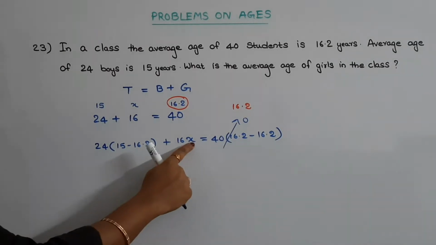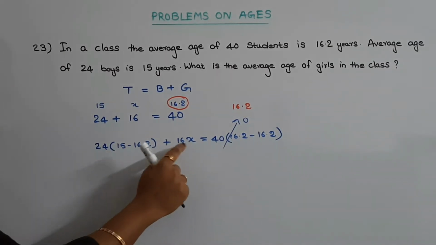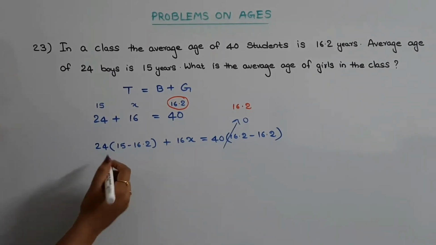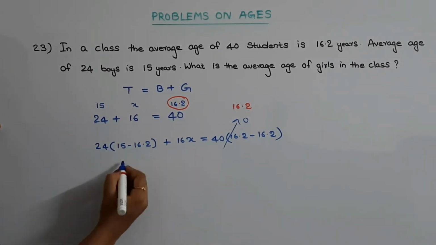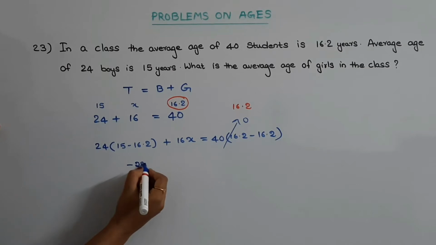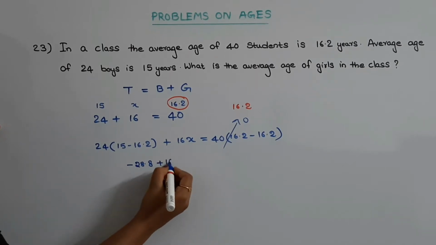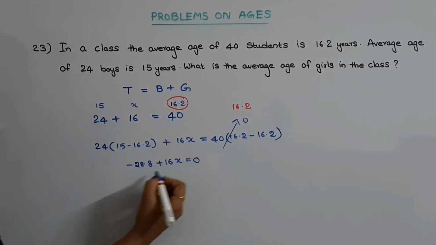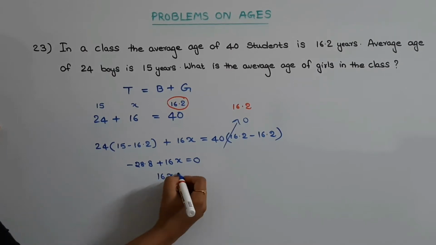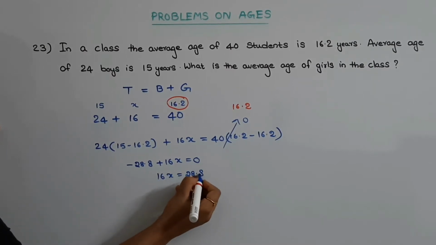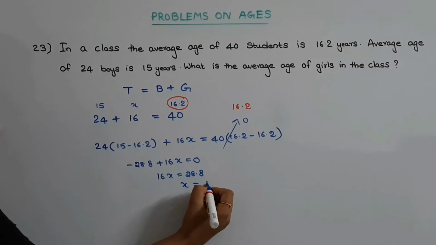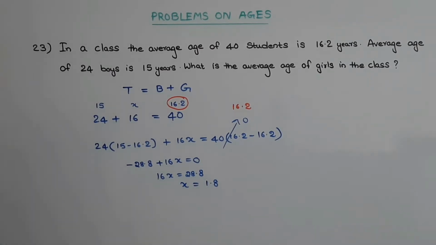Okay. Now solve for this X. On solving this, you will get the value of X. Okay. So on solving this, you will get minus 28.8 plus 16X is equal to 0. So from this 16X is equal to 28.8 and X value will be equal to 1.8.